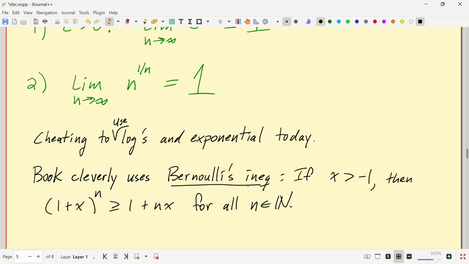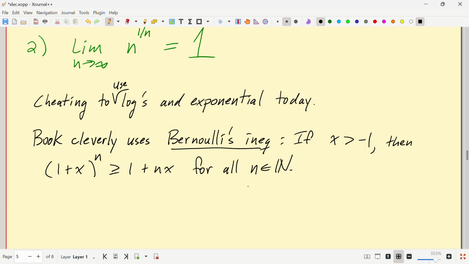Okay, that's a very clever math induction. I guess it's not too clever. It uses the binomial theorem. So in math induction, and the book does it on page 30, it uses the binomial theorem in elementary math induction.